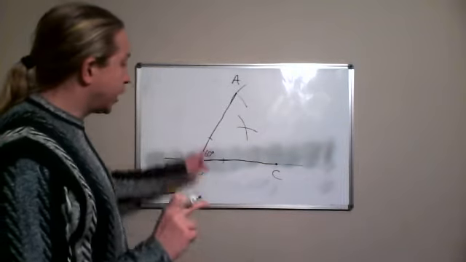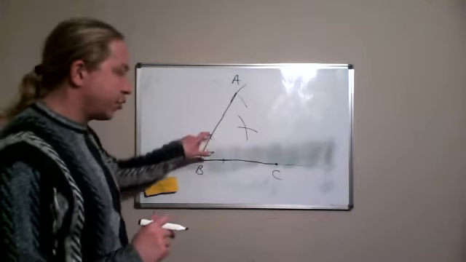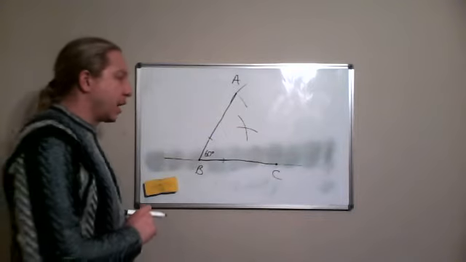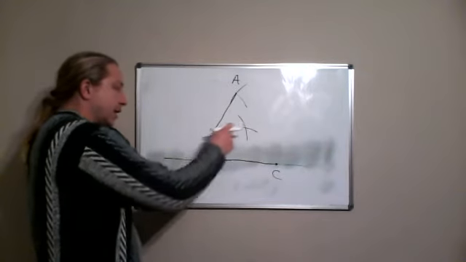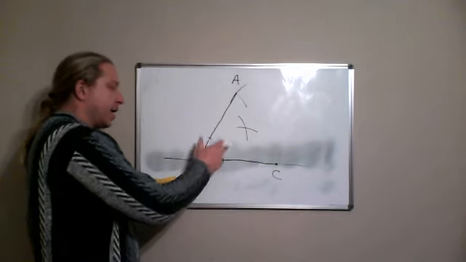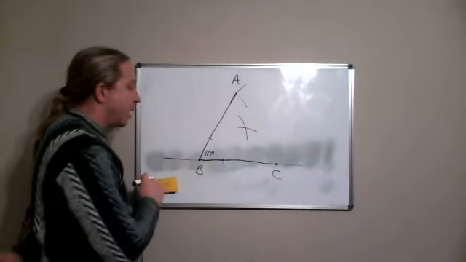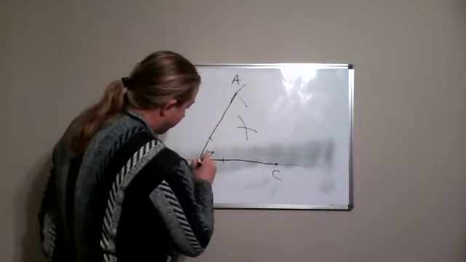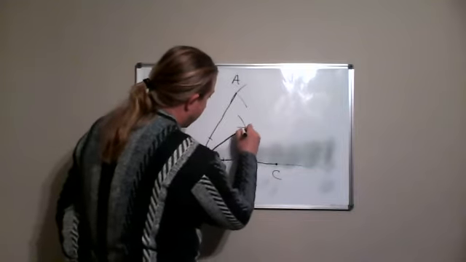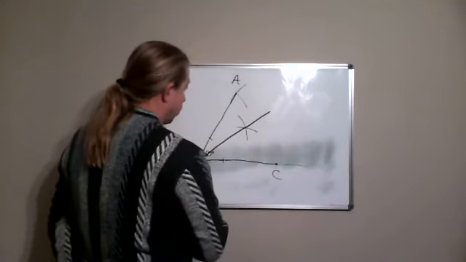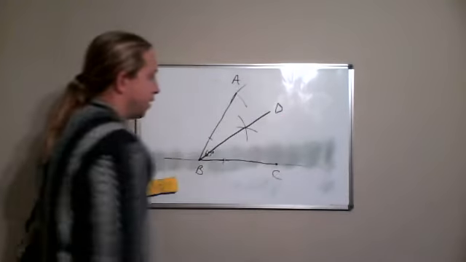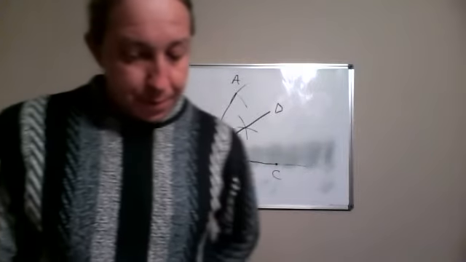Guys, the trick here is keeping the same distance when you're doing these constructions. Obviously not the same distance here and here, but here and here, and there and there. So there's our mark. We're going to draw a line through that and call it BD. There it is.